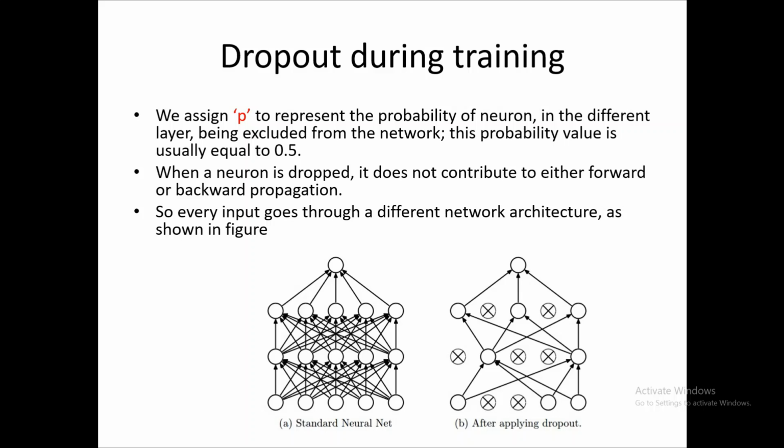While training the model, we assign P to represent the probability of a neuron in a layer being excluded from the network, and this probability is usually equal to 0.5. When a neuron is dropped, it doesn't contribute to either forward or backward propagation. So every input goes through a different network architecture as shown in the figure.